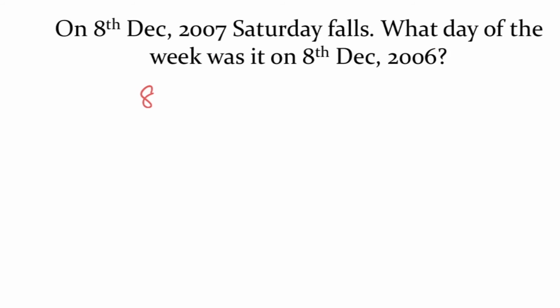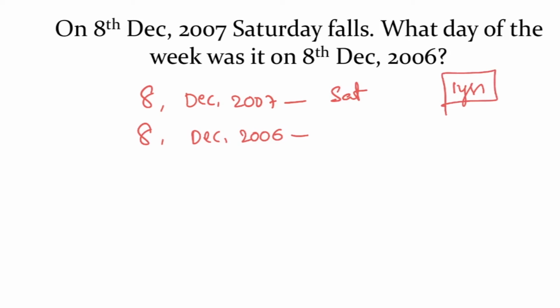On 8th December 2007 was Saturday. What was the day on 8th December 2006? See, 8th December 2007 is given, and 2006 is 1 year before. Exactly, there is 1 year in between.